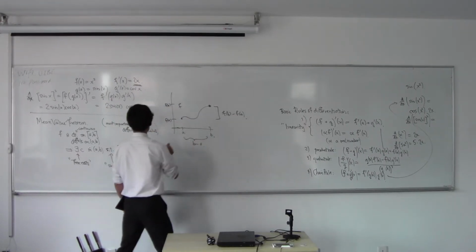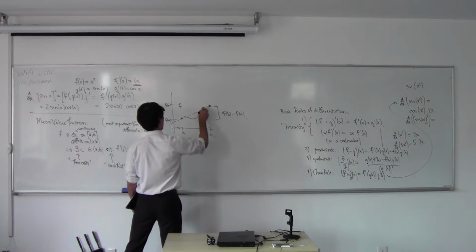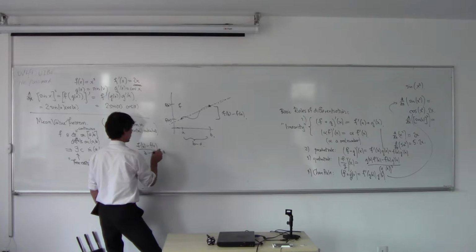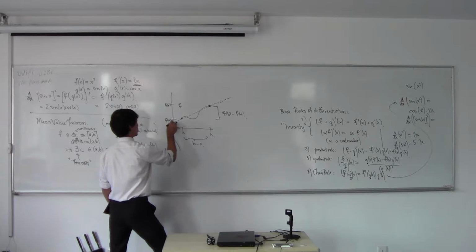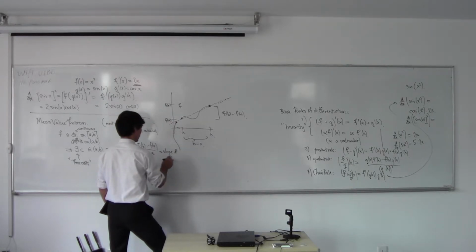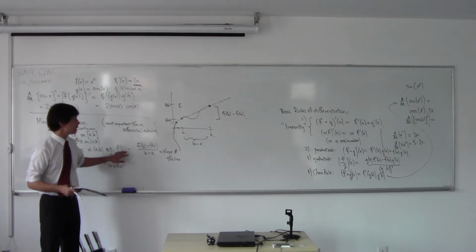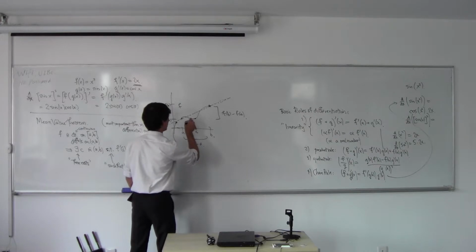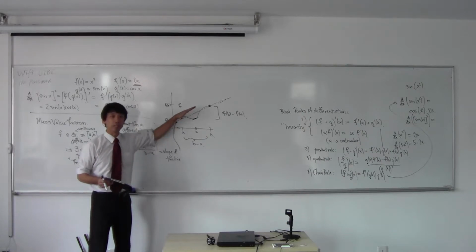So if I make a line through here, this is the slope of this line. So it says that there's some point c where the slope of the tangent line is the same as the slope of the line through the endpoints.